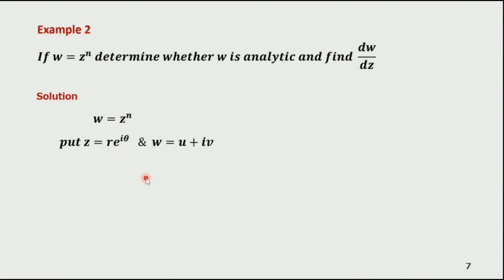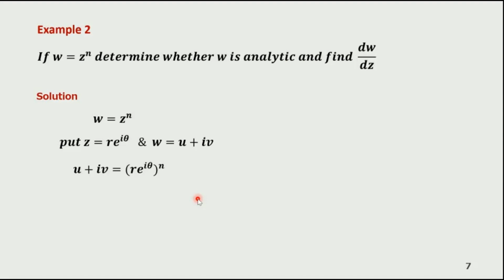So replacing Z by r e raised to I theta, and W we replace by U plus IV. So we will get U plus IV is equal to Z के बदले r e raised to I theta whole raised to N. So r e raised to I theta whole raised to N. Now how to get the real and imaginary part on the right hand side? कैसे करना है?